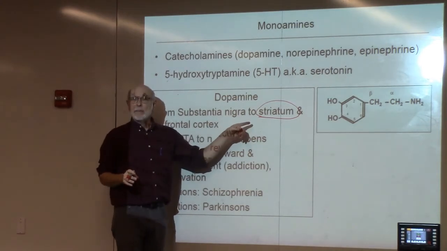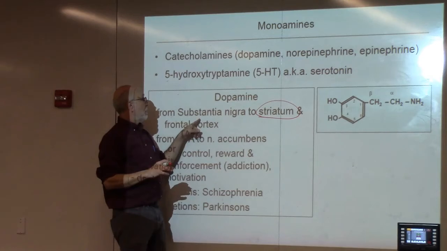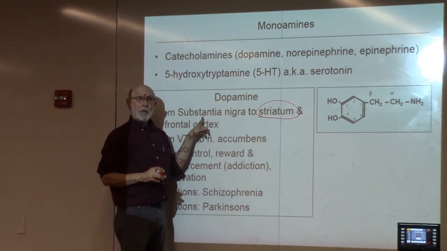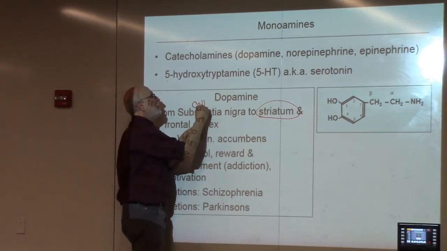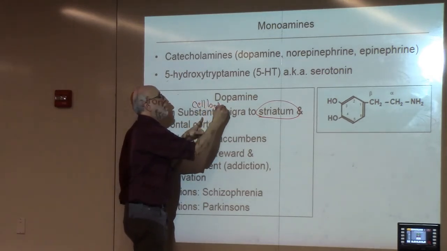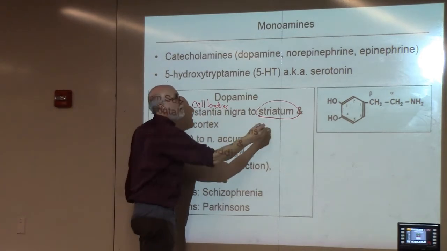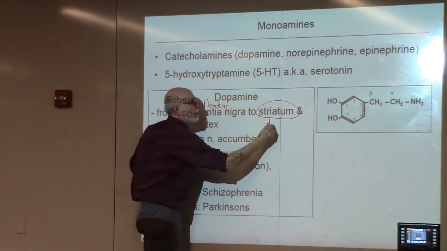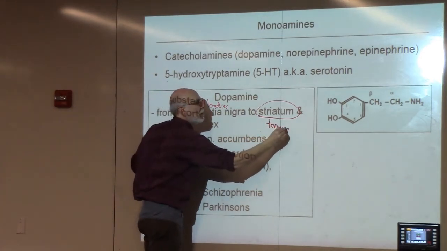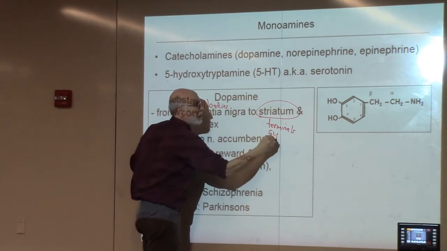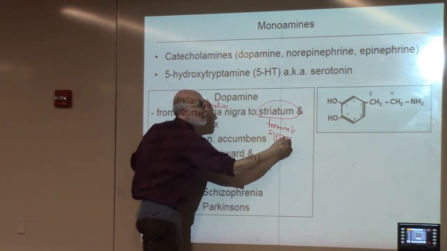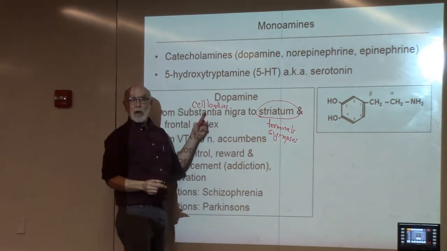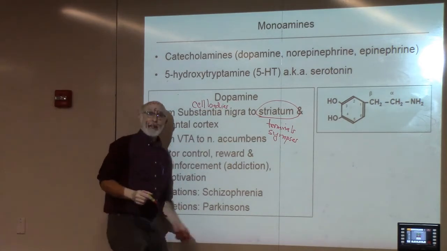We'll see the striatum when we get into the brain. So substantia nigra is where the cell bodies are, and the striatum is where the terminals, the synapses, from those neurons are. Okay, that's the target.